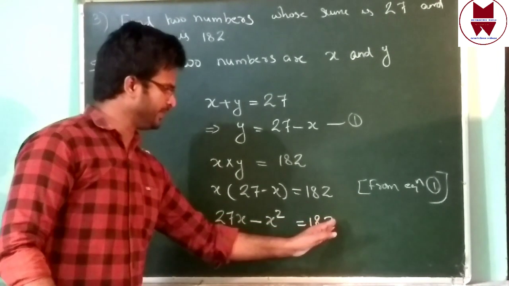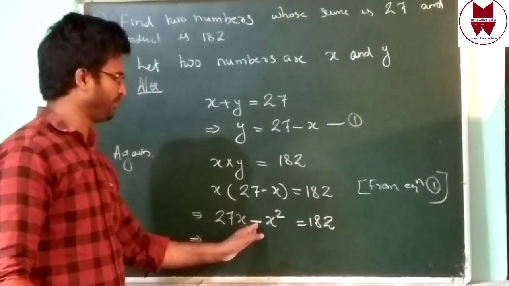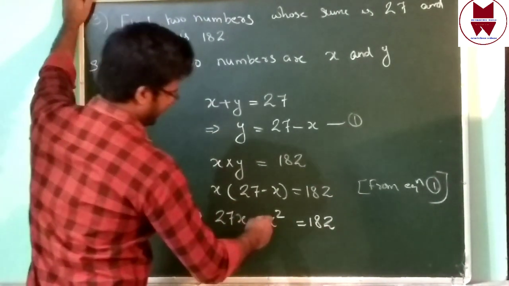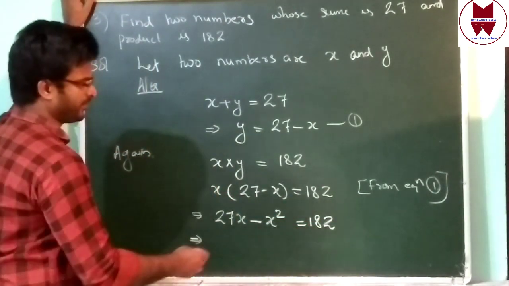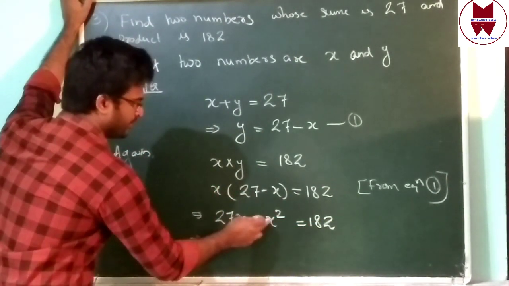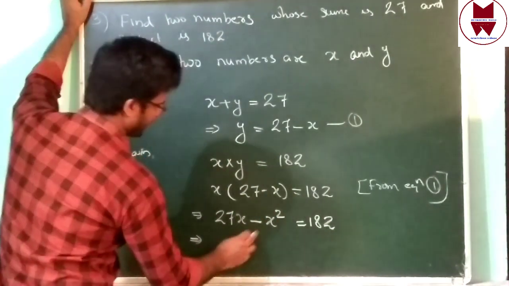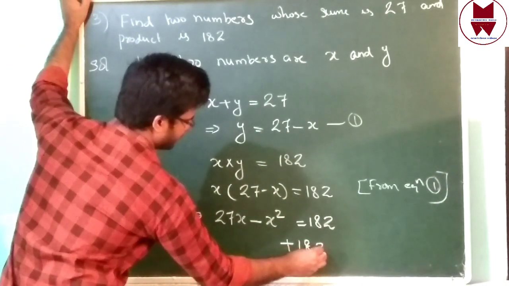This 182 you can bring to left side, otherwise this 27x minus x square bring to right side. We'll bring 27x minus x square to right side. The reason is that we always make the sign of x square positive. Then this 182 already is there, we can write plus 182.